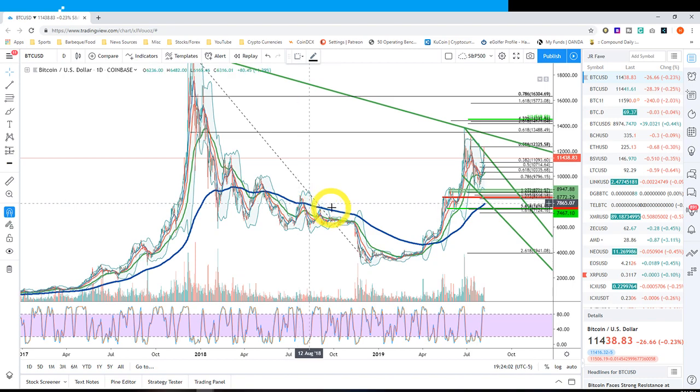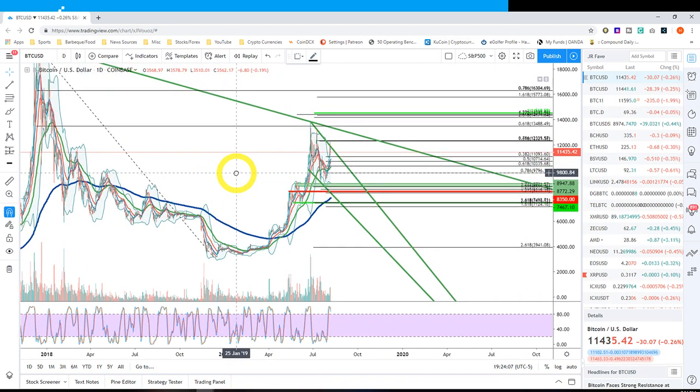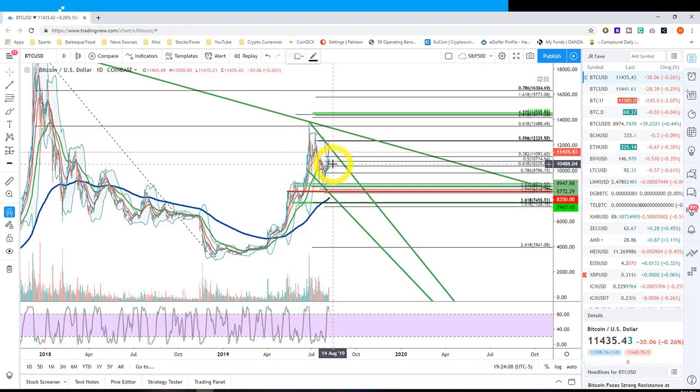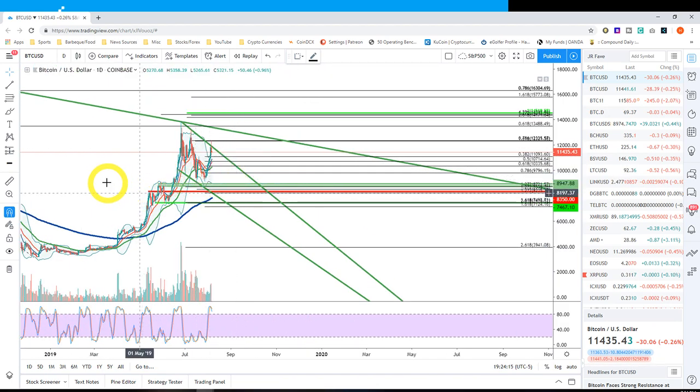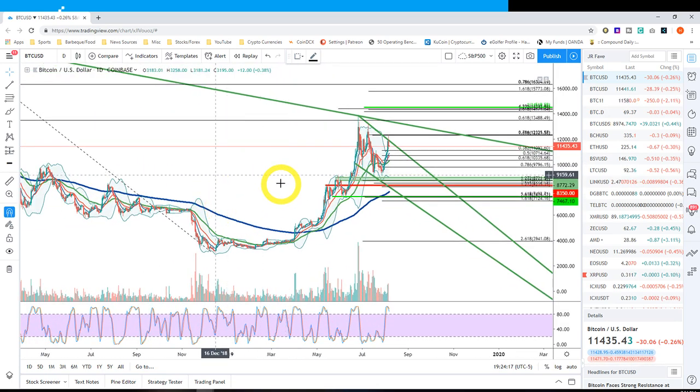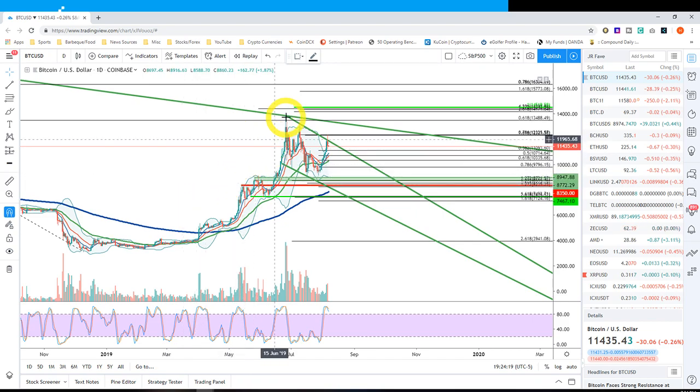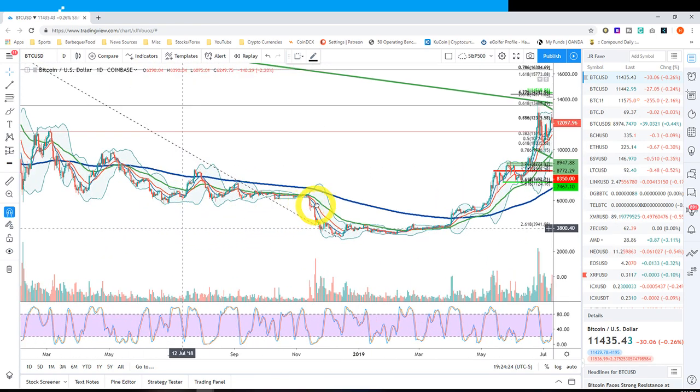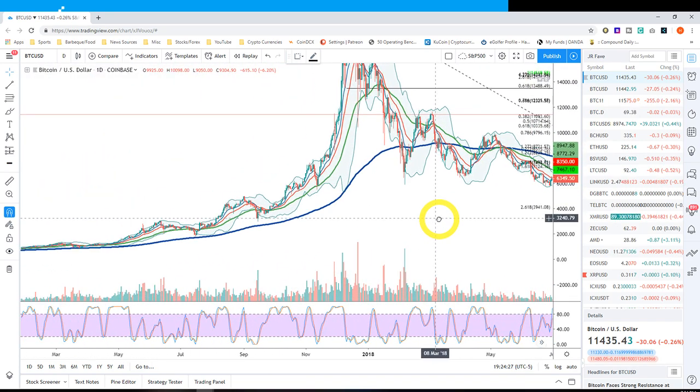And they started moving down. Now they're starting to hook up, or they've been hooking up. So you can kind of see how the ebbs and flows of this work, and why a long time ago I was saying that everything always tries to come back and retest the moving averages before it wants to go anywhere.